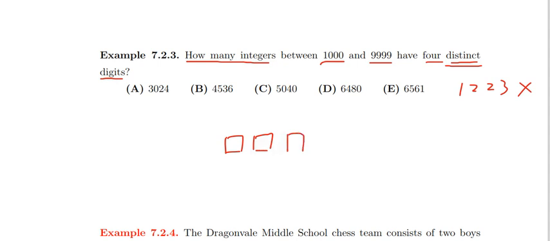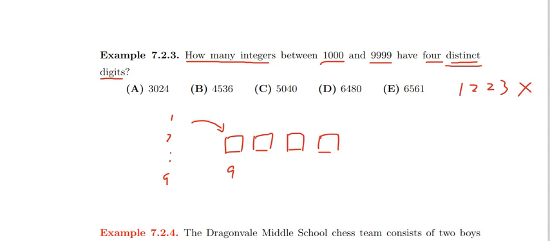So we just have the 4 positions, right? And for the first one, we can put any of 1 to 9 in the first position. So how many ways? 9 ways, right?